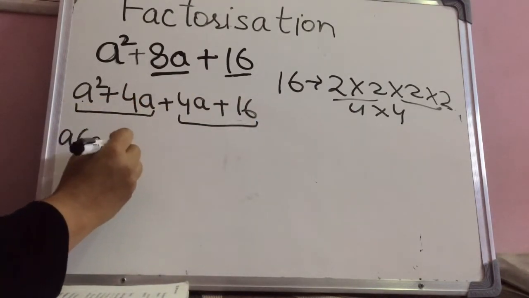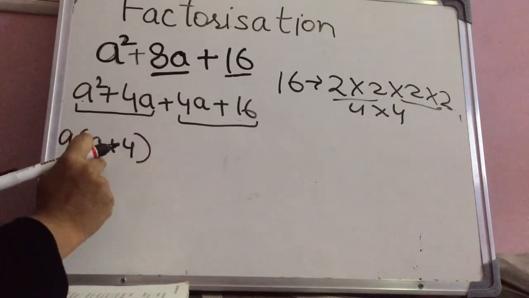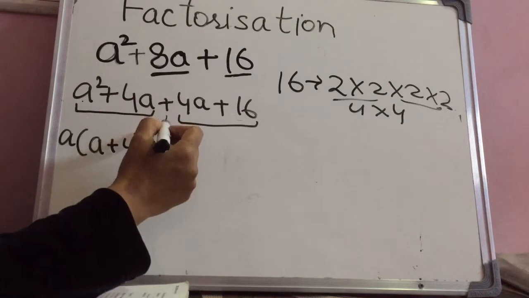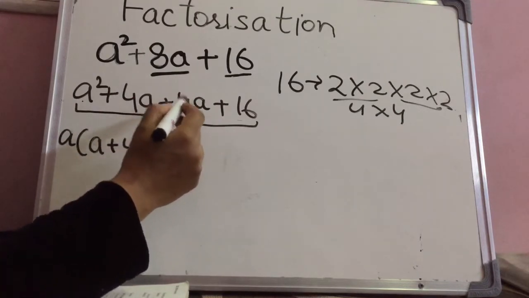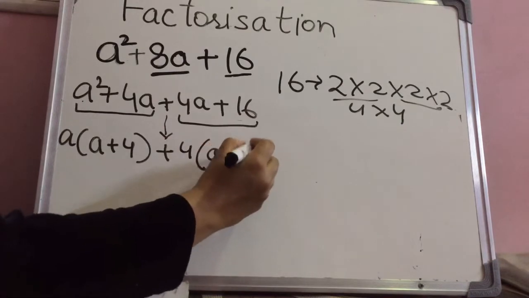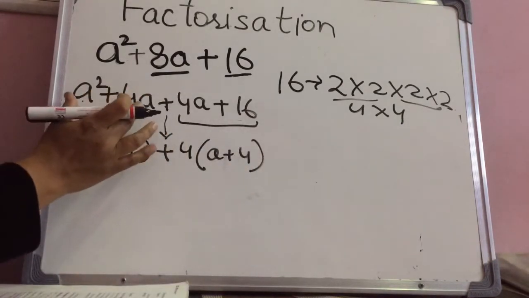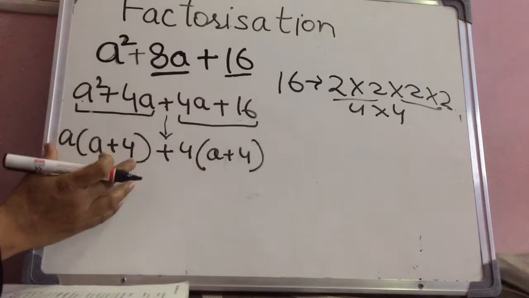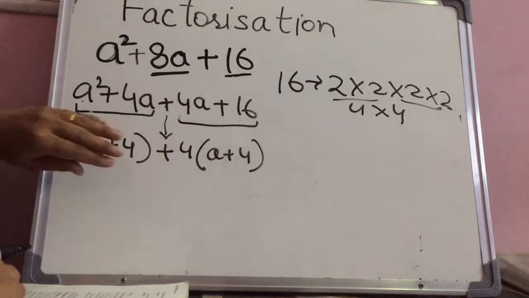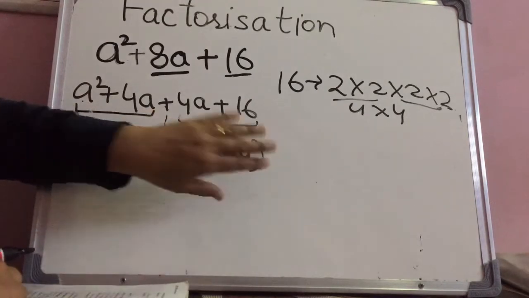So a plus 4, rest in the bracket, plus we have 4 common. Please copy the same sign as it is here. 4 a plus 4. Now we have converted these 4 terms into 2 terms. Earlier we had 4 terms and now we have 2 terms. One is this and one is this.